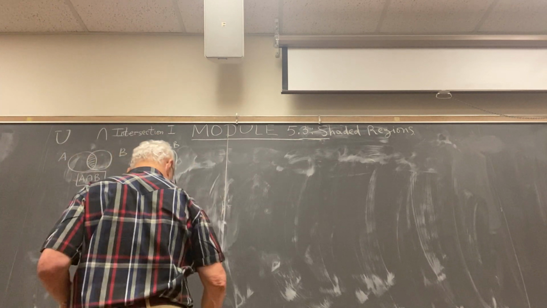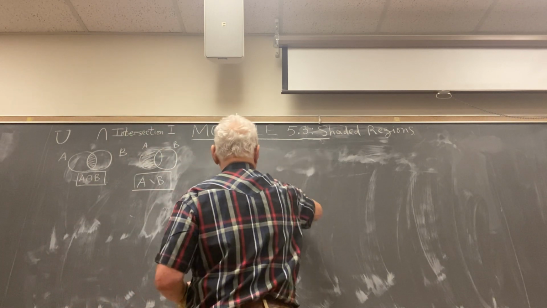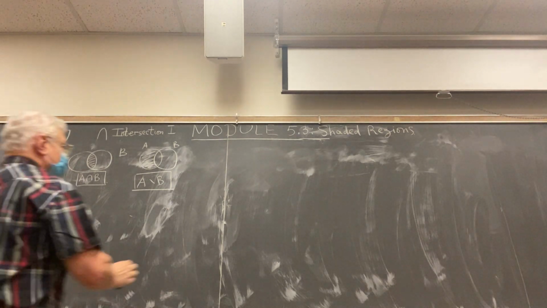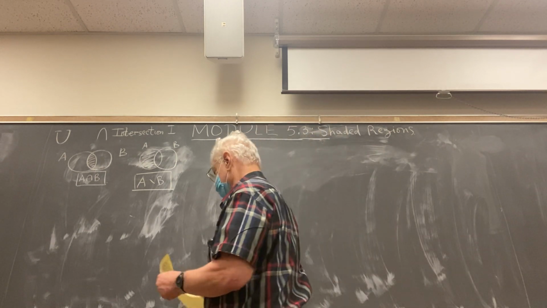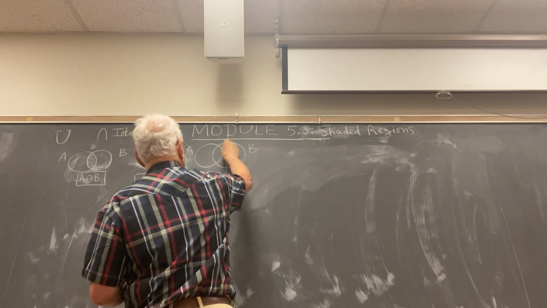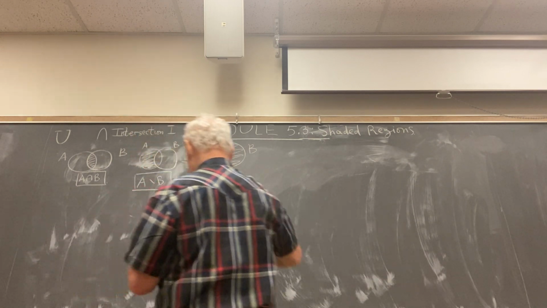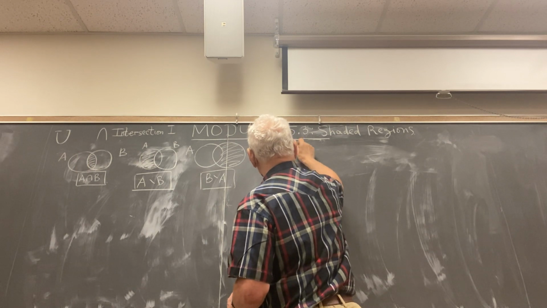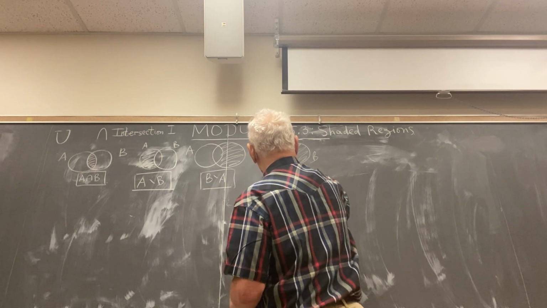Okay, next is, if I take A and B and take this part, it will be B minus A. And finally, if I shade everything, A and B, it will be A union B. Okay, got it?